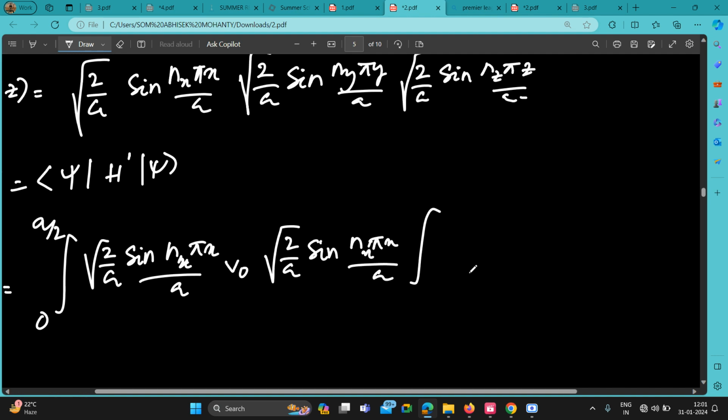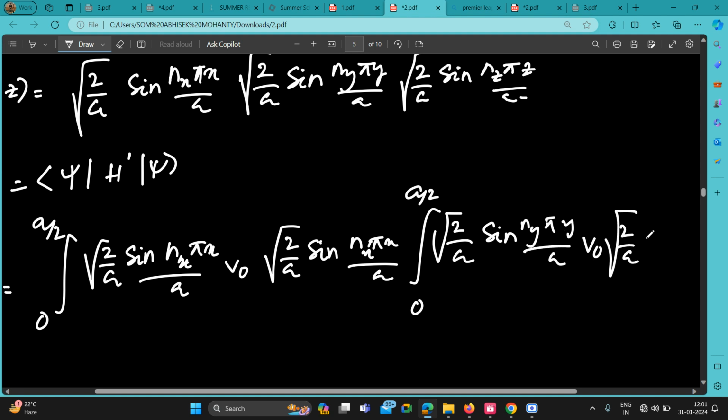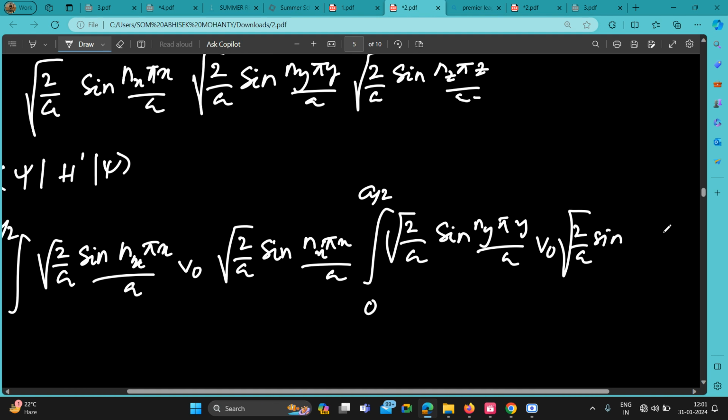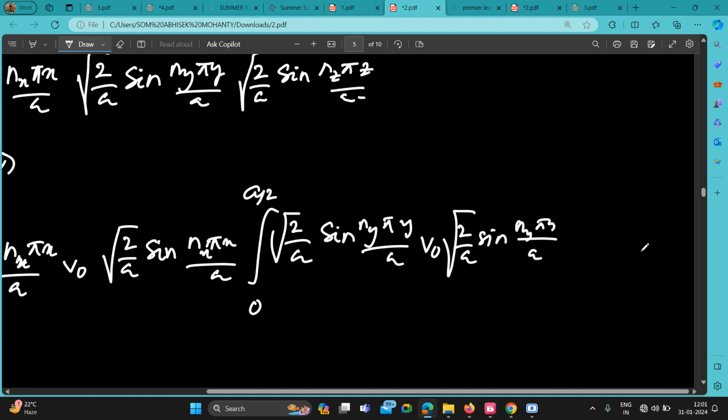Into integration in the y-axis 0 to a by 2, root over 2 by a sine ny pi y by a, V naught, root over 2 by a sine ny pi y by a. And in the z-axis there is no perturbation, so I can simply write the z-axis as 2 by a sine square nz pi z by a. This is your dx dy dz.